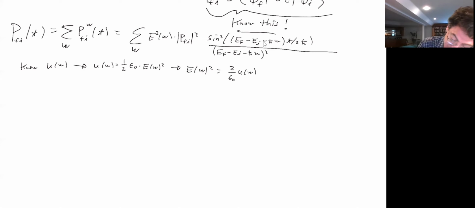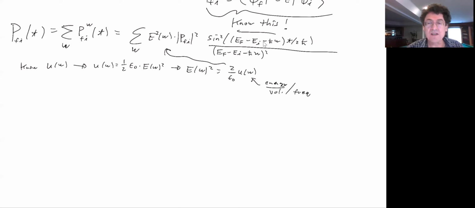And so that means that we plug that into here. And because U of omega is a spectral density, and because this is actually a nice part, that's an energy density per frequency, we can immediately convert our sum into an integral.